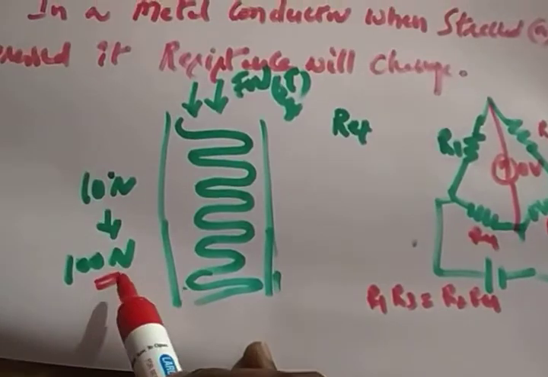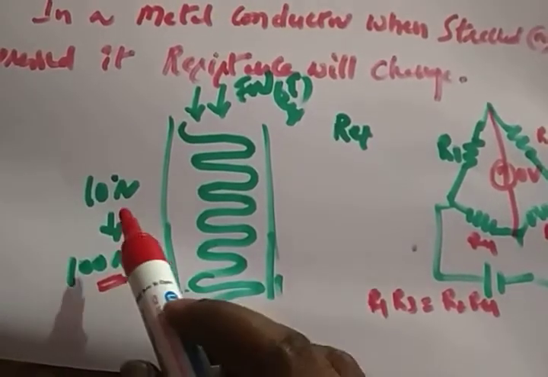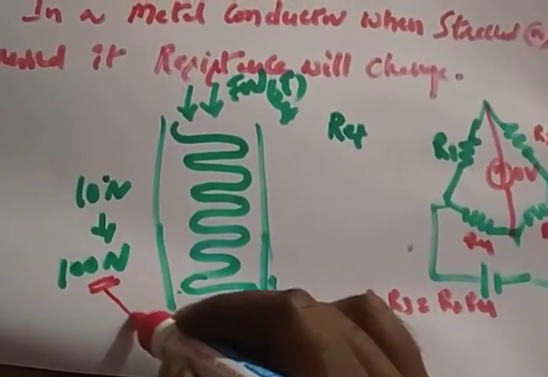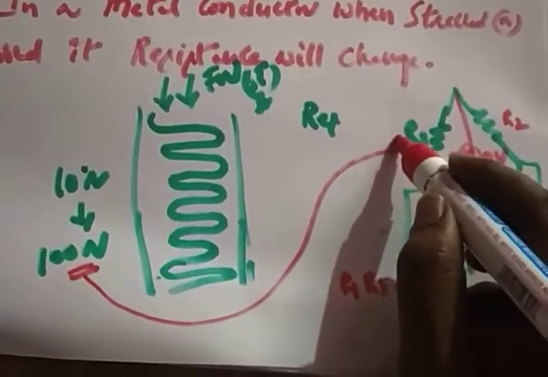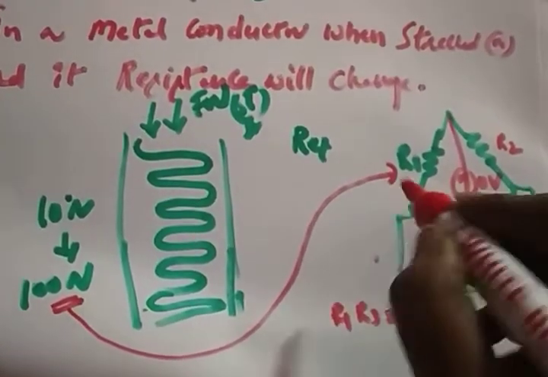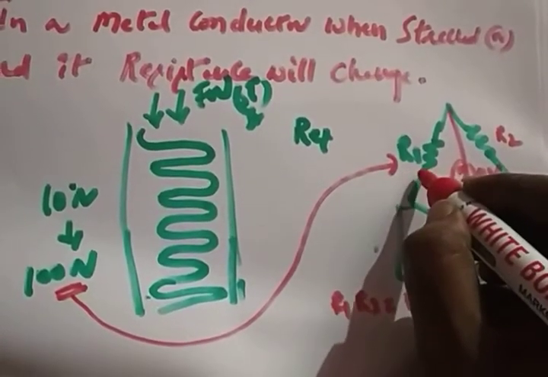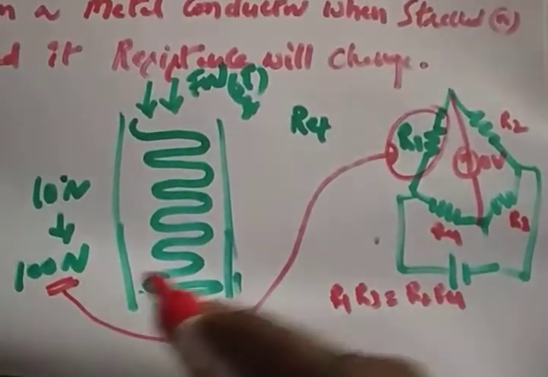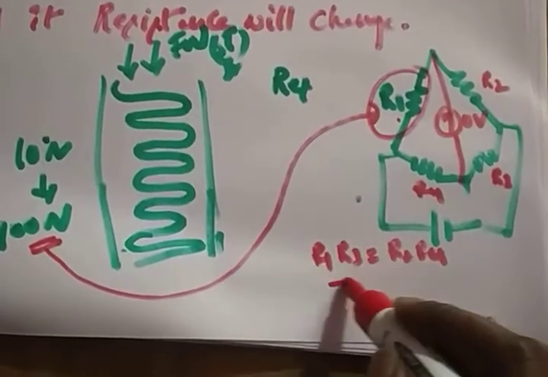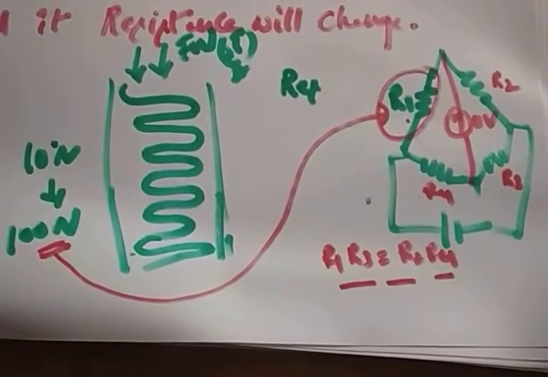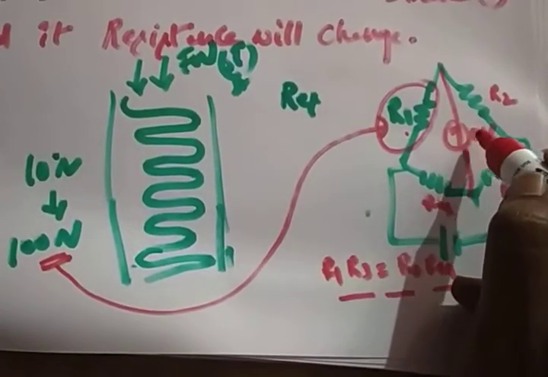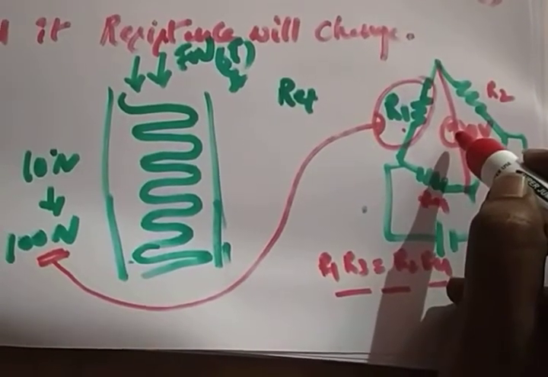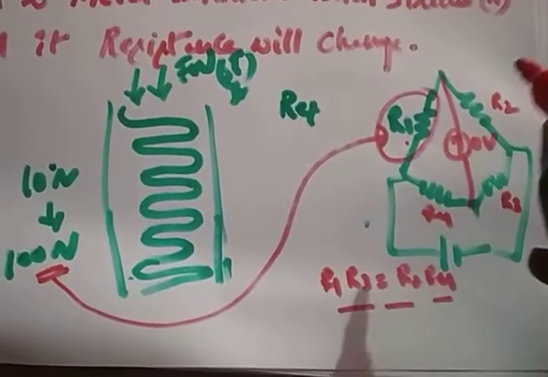Whatever the resistance changes, there will be a change from 10 ohms to 100 ohms. This change in resistance is applied across R1. So when the resistance changes, this relation is violated, and the galvanometer deflection will show some value, not 0 volts.